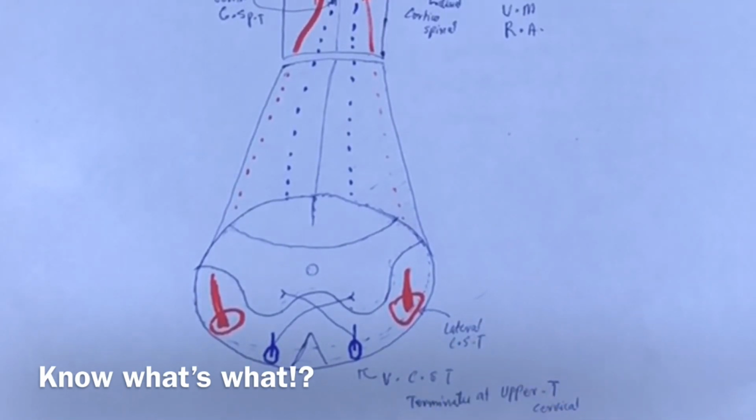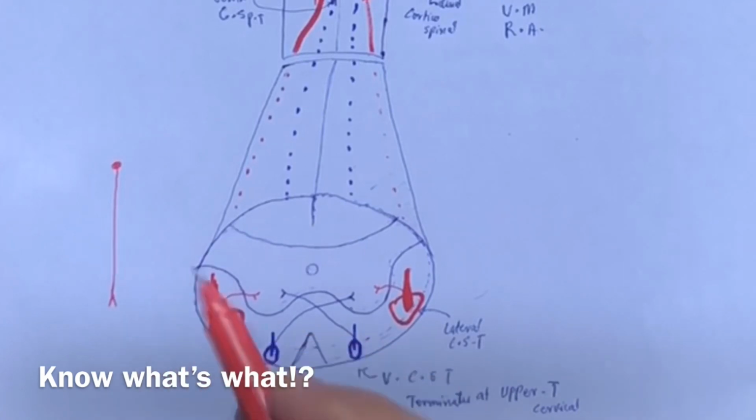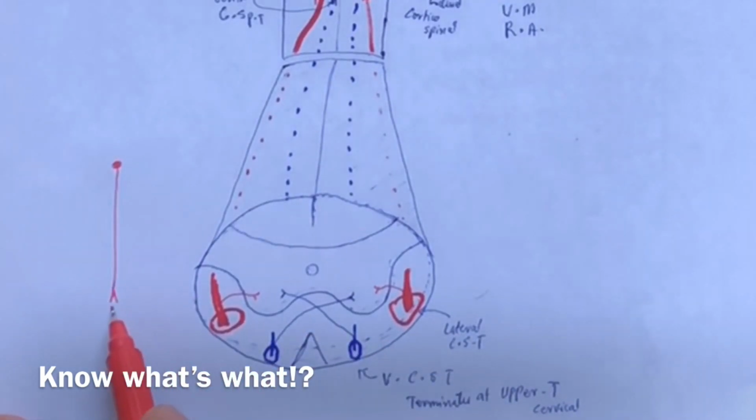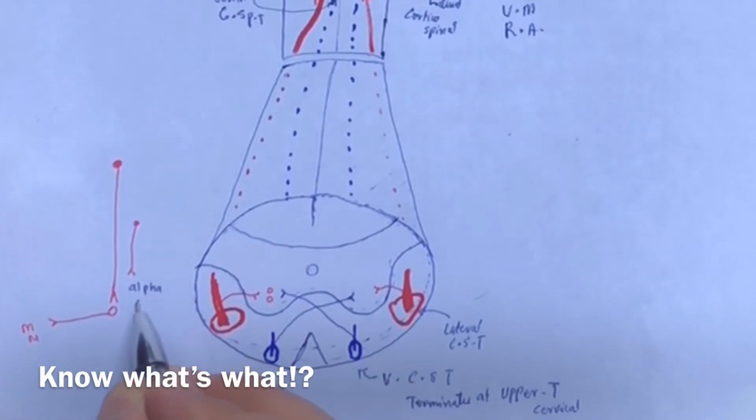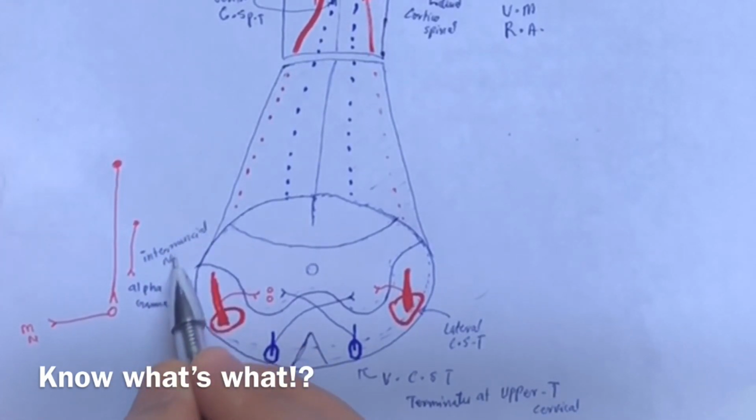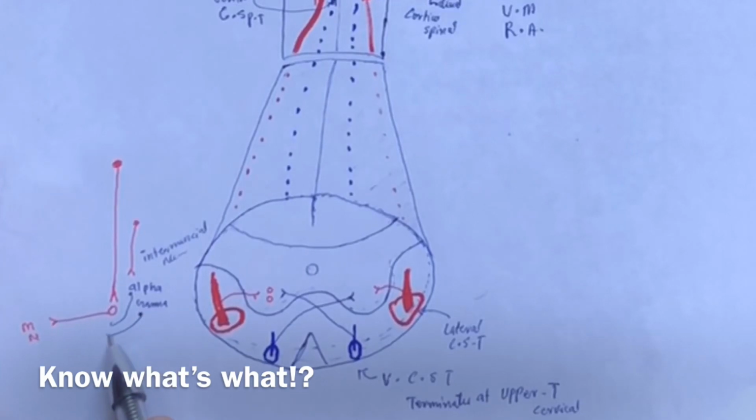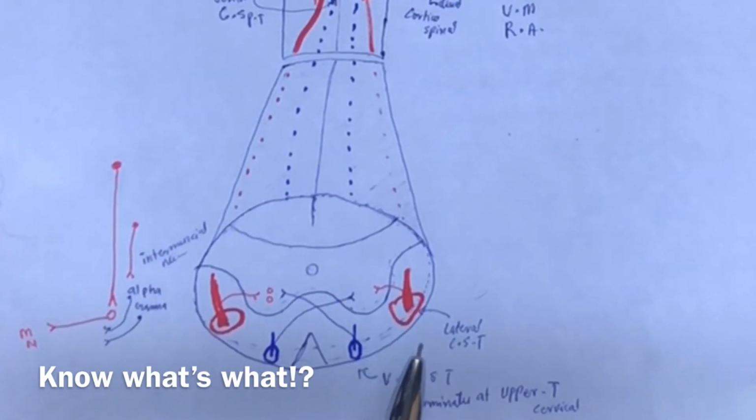The lateral corticospinal fibers will give branches to the ventral gray column, and most of the largest fibers will directly stimulate the motor neurons. Right here, the motor neurons are stimulated by the largest fibers, and most of the smallest fibers of the corticospinal tract will, through interneurons, stimulate alpha and some gamma neurons, which will in turn stimulate the rest of the neurons, like the motor.